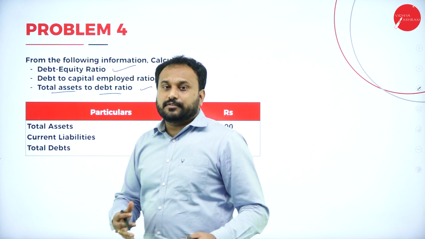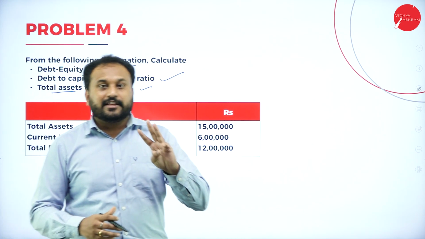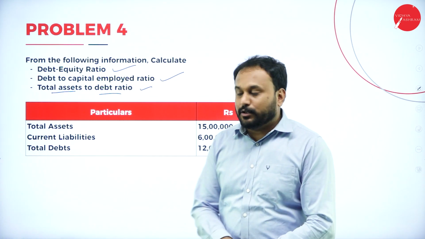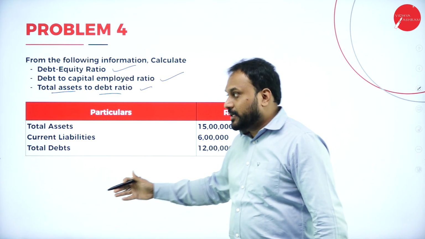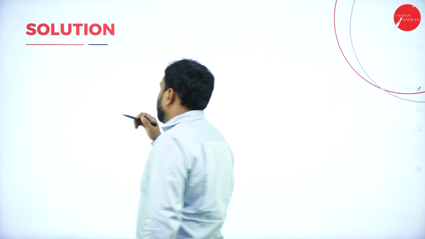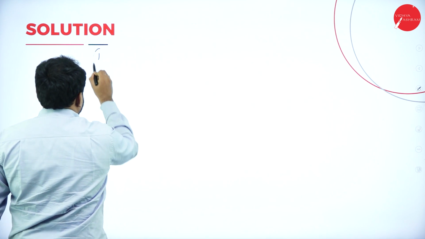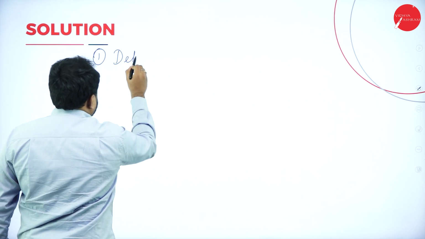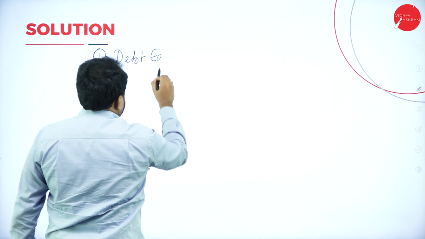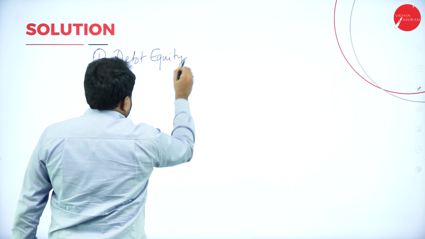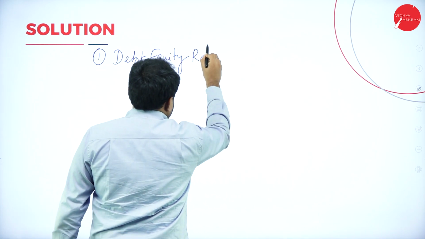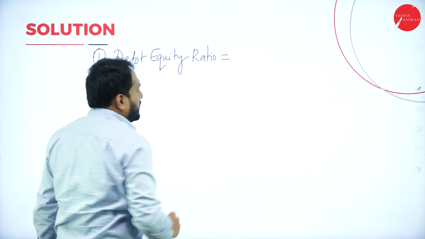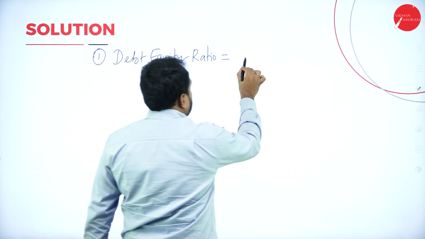Let's go with the flow here. Now there are three things what they have asked us. So what I'll do is I'll not see what exactly they have given. I'll just go first debt equity ratio. I'll write the first one here, that is debt equity ratio. So what is the formula? Is equal to, go with the numerator denominator combination.